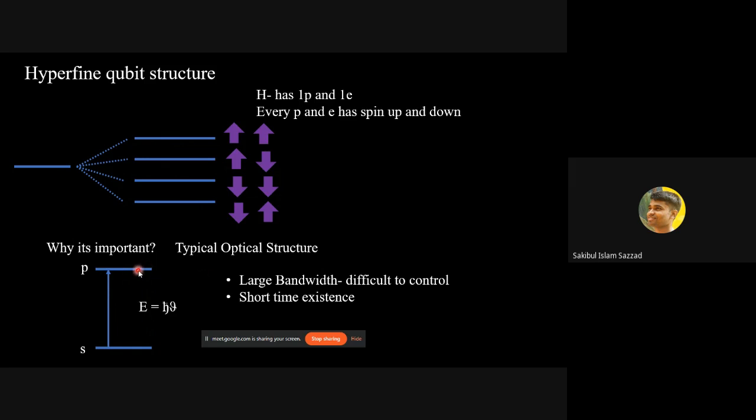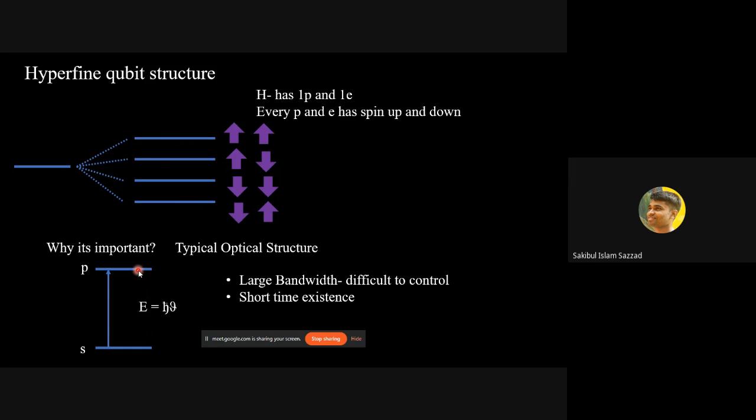In this typical optical structure, we have a very large bandwidth. When the bandwidth is very large, it is difficult to control, in the sense that there is a very wide number of energy levels. But every atom excites in a particular energy level. If we can power it up in a particular energy level, that is good for us, because then we know this is the energy I have to power. So basically that's the reason we need the hyperfine qubit structure.